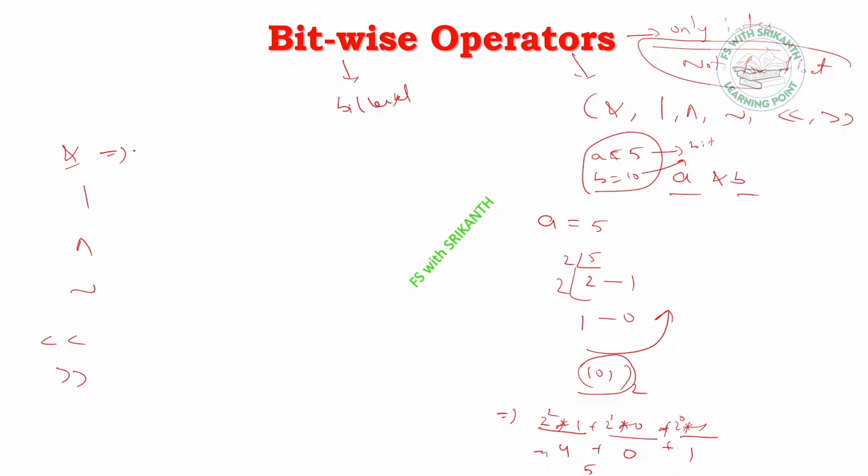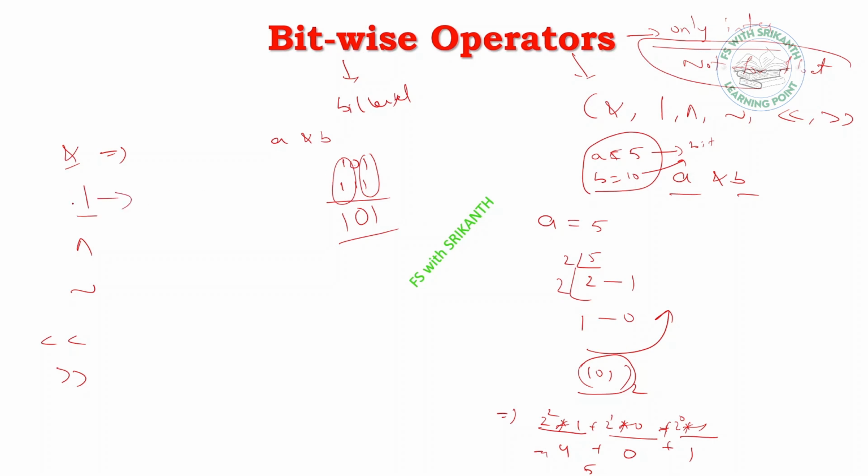If both bits are true, suppose A value is 101 and B value is 111, when we compare with AND, if both bits are true then the result is 1, otherwise 0. So the first bit is true, so the result is 1. If two bits are different, the result is 0. If both bits are similar and true, the result is true.